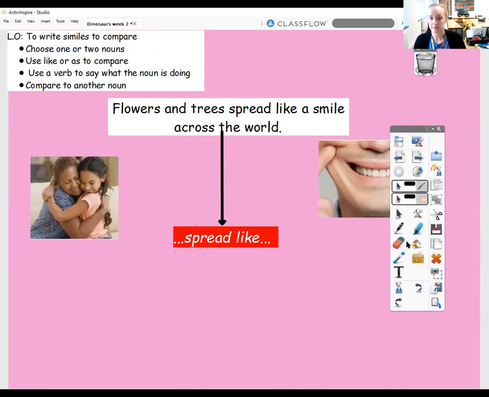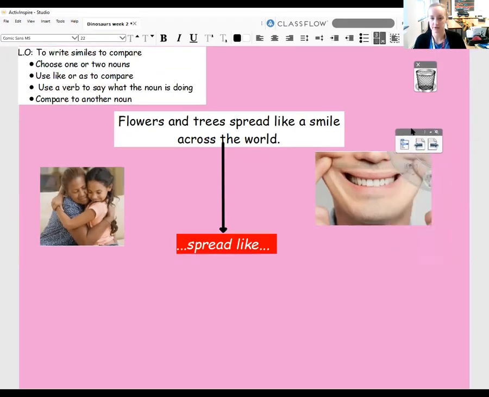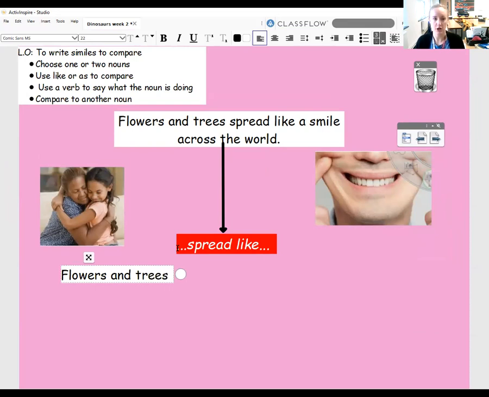So here I have got my two objects. Okay, and so I need to choose one or two nouns. Well, I'm going to stick, I think, with flowers and trees. I'm going to keep my first noun the same. So I've chosen my first noun.